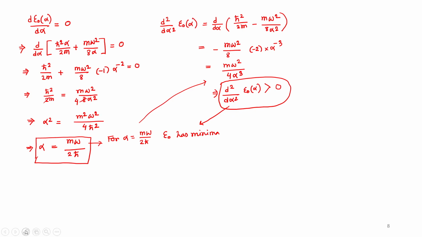And what is the minimum value? We can put the value of alpha there, h cut square alpha by 2m plus m omega square by 8 alpha, with alpha equal to m omega by 2h cut.